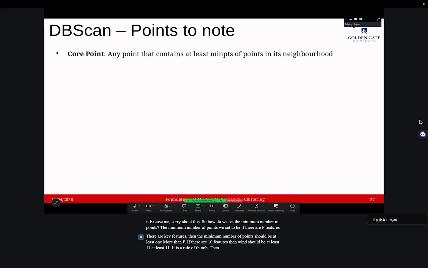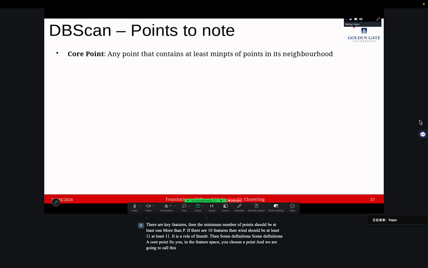Then, some definitions. A core point. In the feature space, you choose a point, and we are going to call this point a core point if around it, in the neighborhood... What is a neighborhood? The neighborhood is the volume around this point, where the volume is defined by that epsilon, the radius epsilon.